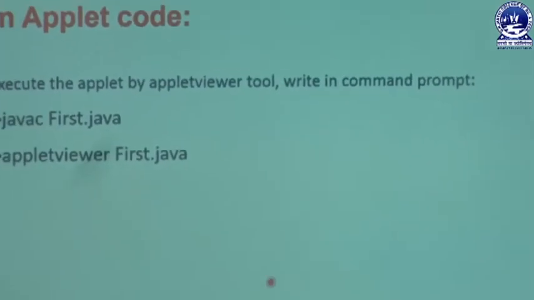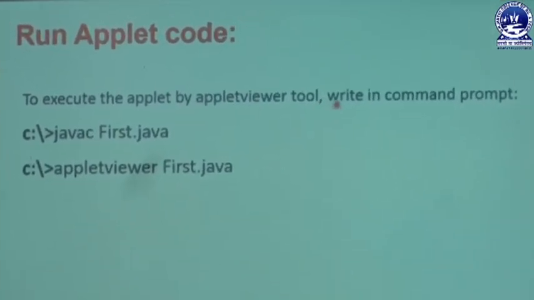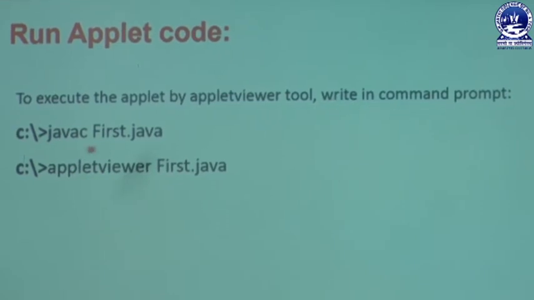That applet viewer tool helps us to execute applet code in Java. That's why we take the help of the tool named appletviewer. Let us focus on the slide. Whenever the user executes the applet code by the applet viewer tool, write in the command prompt like this: javac Fast.java.